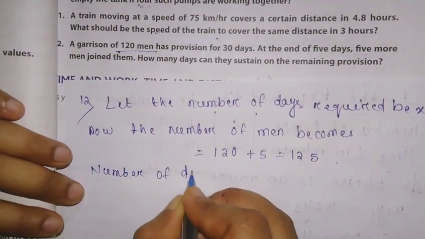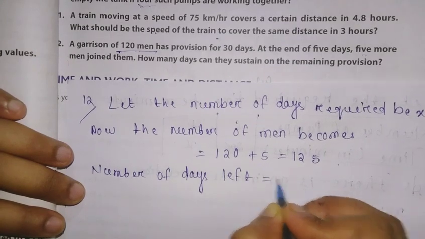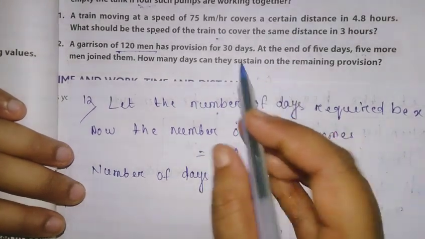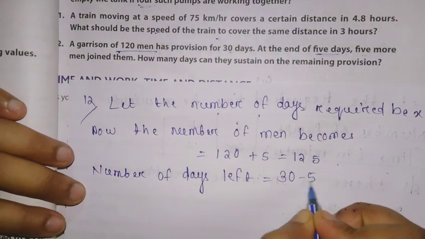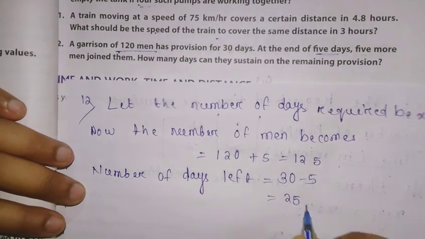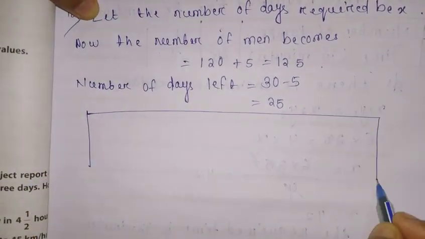Number of days left equals 30 minus 5 equals 25. Then we draw an inverse table.